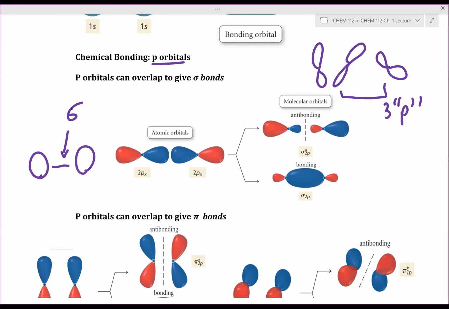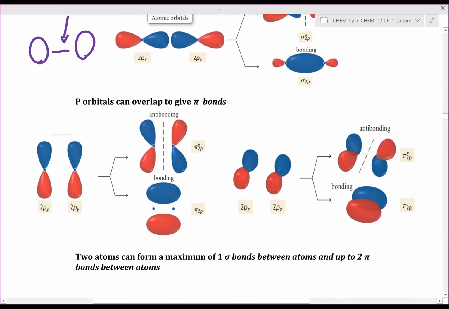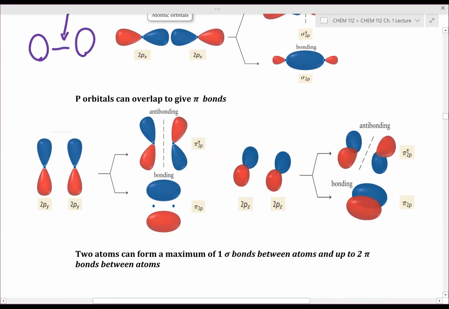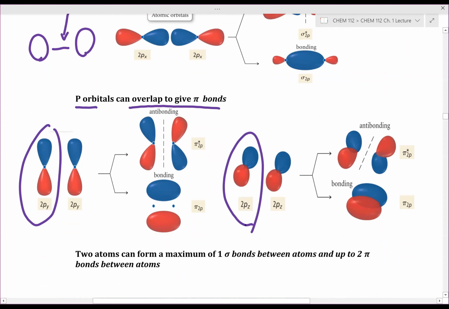So then, we can overlap these leftover p orbitals and engage in what are known as pi bonds. So p orbitals can also overlap to give pi bonds. Since we have 2 p orbitals left over to work with, how many pi bonds can we make?